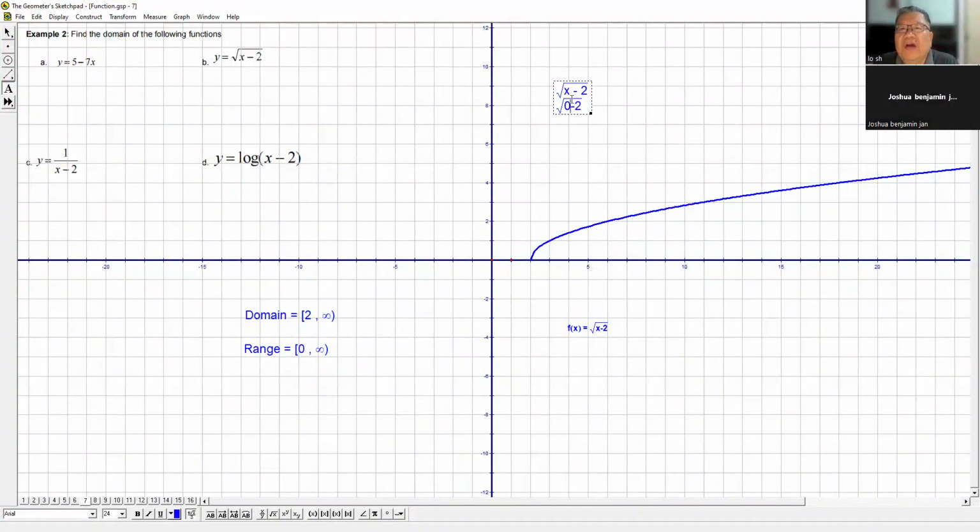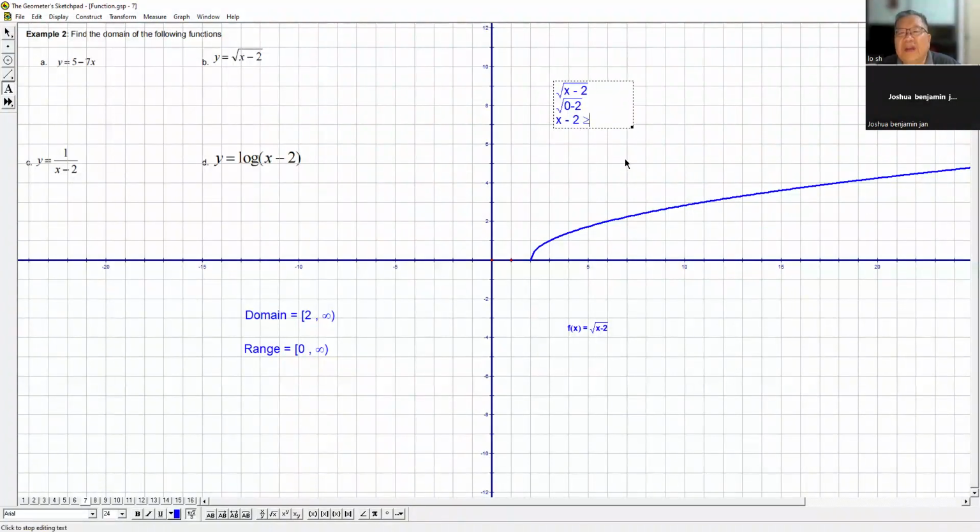So here, how to determine the value of x? We determine the value of x by telling that this x minus 2 must be greater or equal to 0.